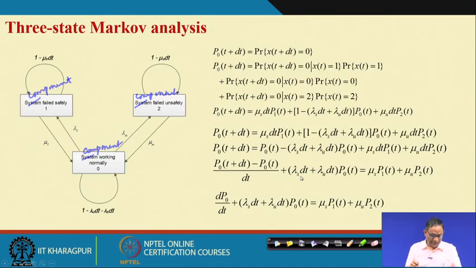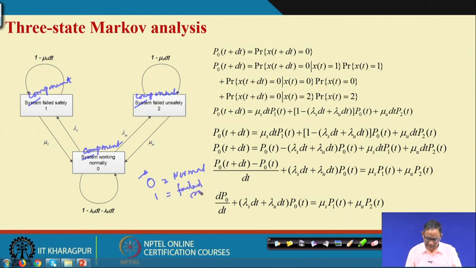Okay. Now, that means how many states are there? State 0 is normal, then 1 it failed, but failed safely, and 2 means failed unsafely. Okay. So, you have heard the concept called fail safe system.